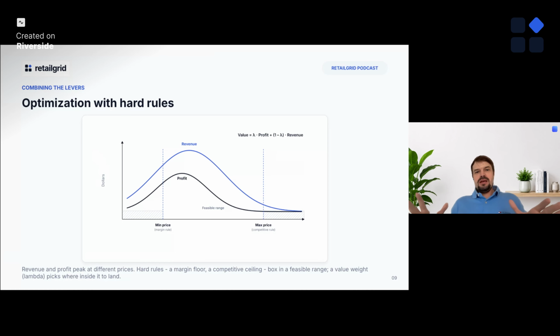In many product categories and markets, it's almost impossible because the market is a red ocean. There is almost no room between the floor and the market price. We have such a tiny margin that we don't have any real room. In this case, it's no longer price optimization. It becomes assortment or cost optimization.